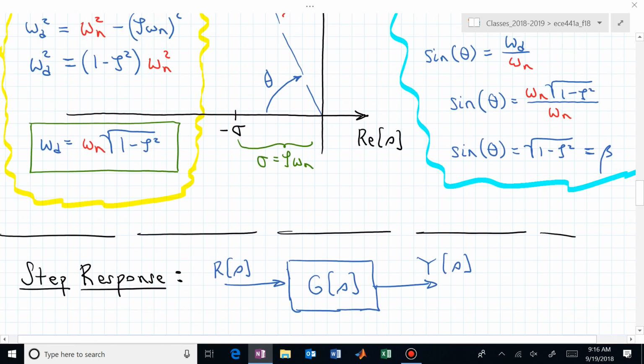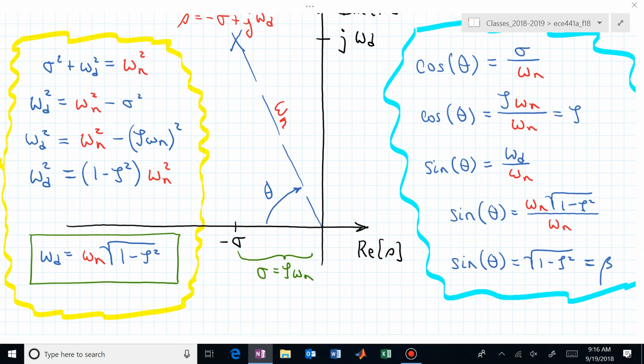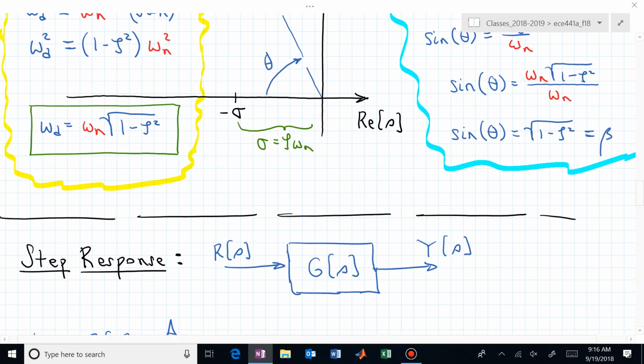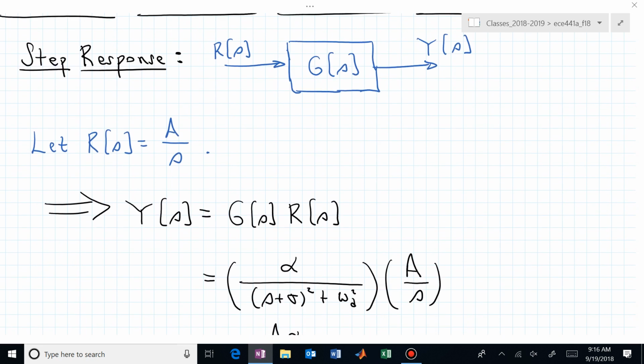So what we want to do is use that analysis, that way of parameterizing our transfer function, and be able to extract or connect it to a time response waveform.